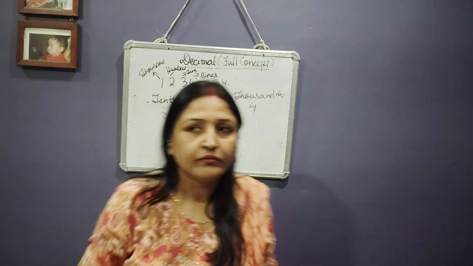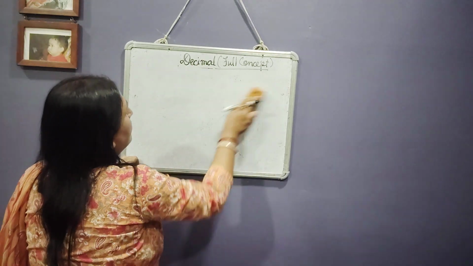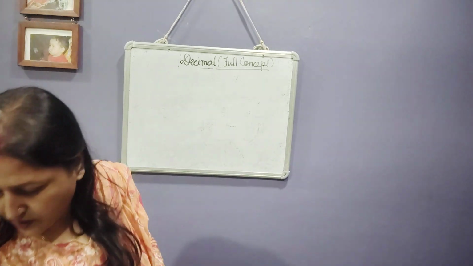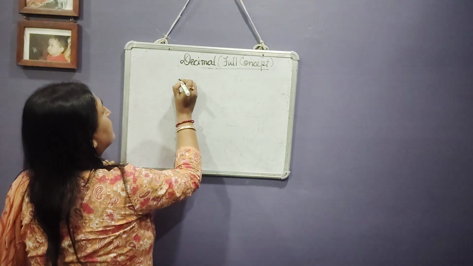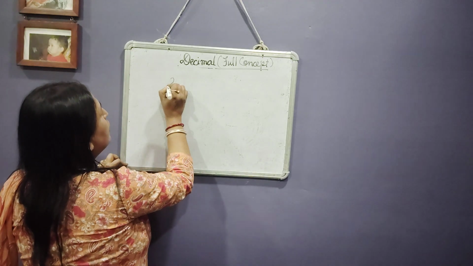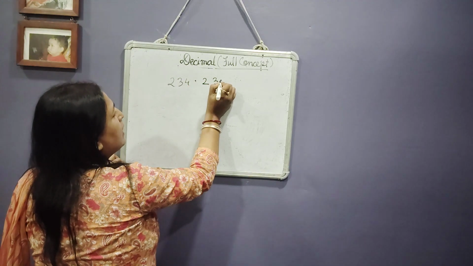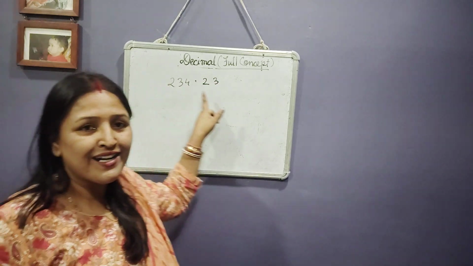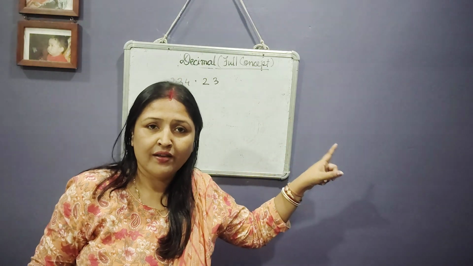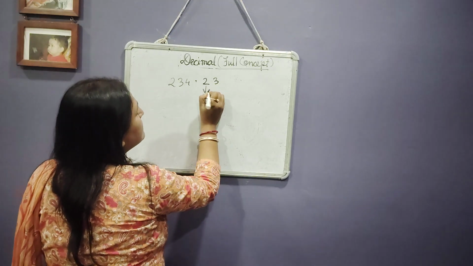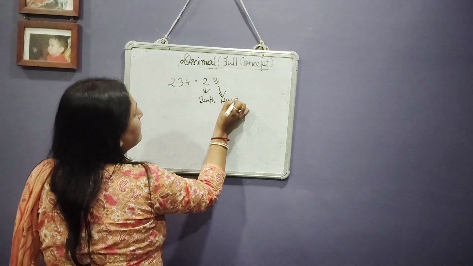Now say, for example, there is a number 234.23. How will we read this? 234 point 2 tenths, 3 hundredths. This is in the tenths place and this is in the hundredths place.